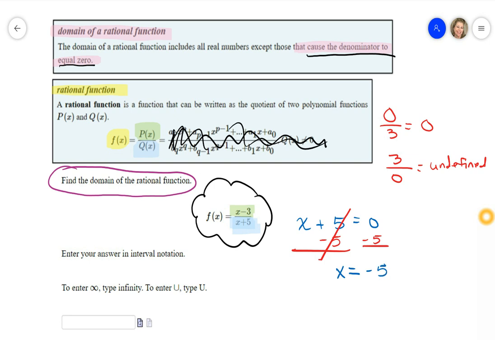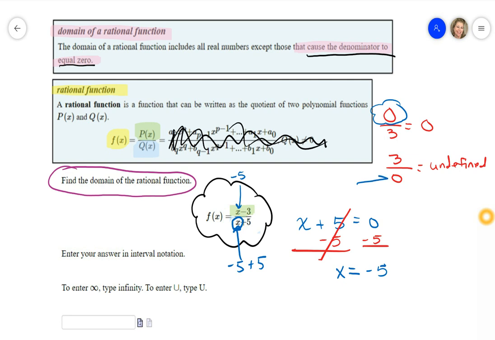If I were to put a negative 5 right here, negative 5 plus 5, and of course you'd put it in the numerator also, but the numerator really doesn't matter because the numerator can be 0. That's not the problem.